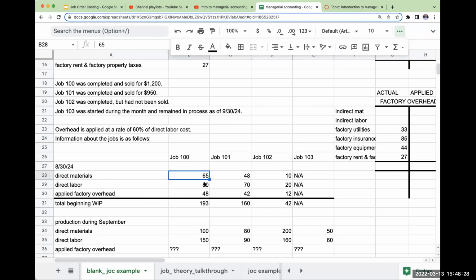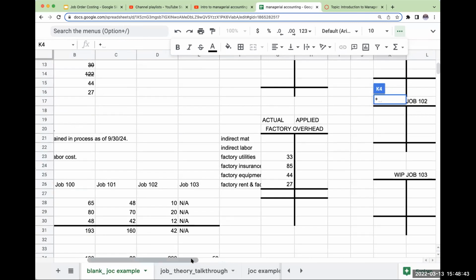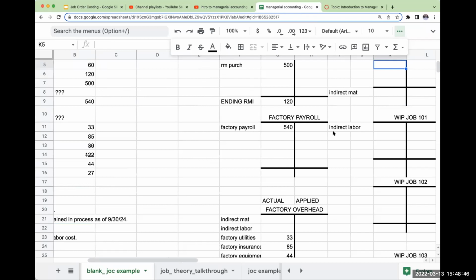Now, with these accounts, all I'm going to do with my beginning work in process values is put these into the T accounts accordingly. So my beginning work in process over here for job 100 was 193.